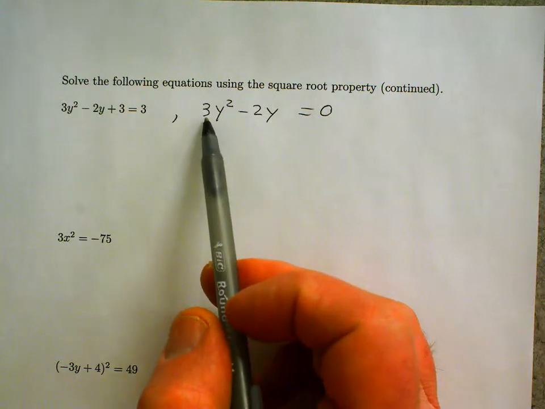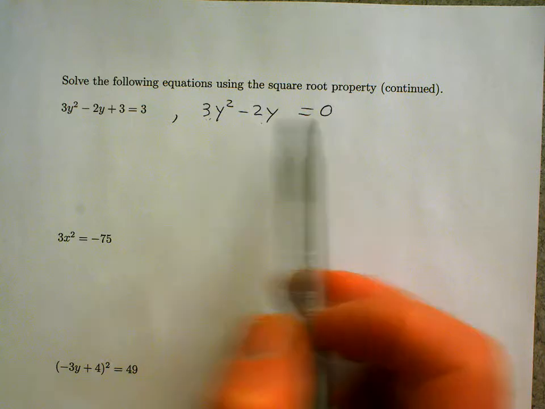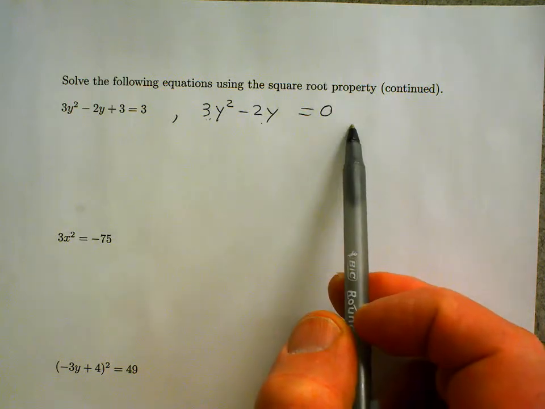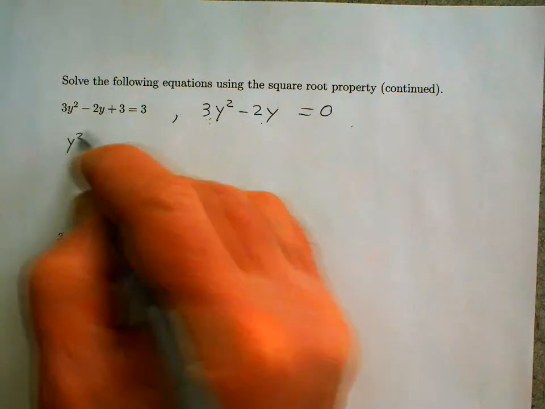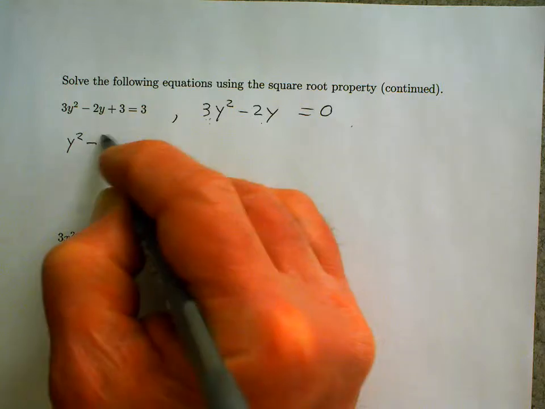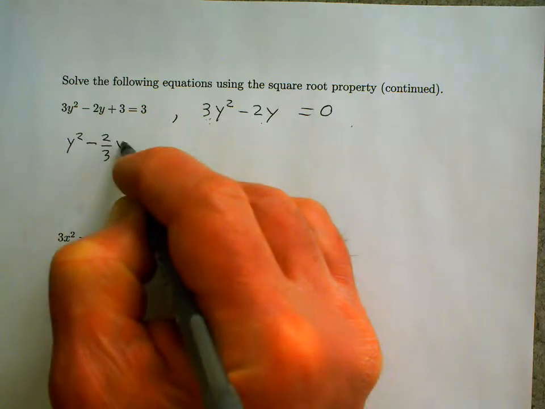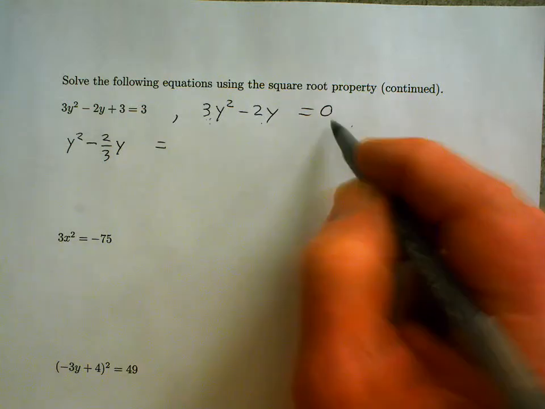And then I will divide every term on both sides by 3. So 3y squared divided by 3 is y squared, and minus 2y divided by 3 is minus 2/3 y, and 0 divided by 3 is just 0.